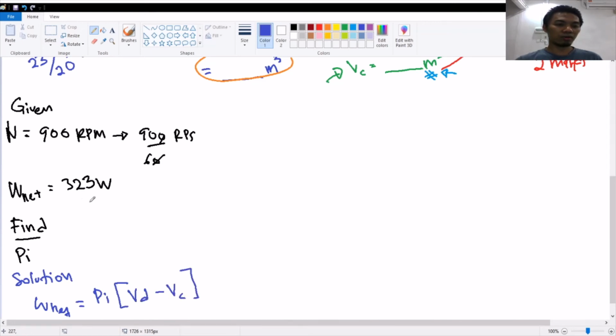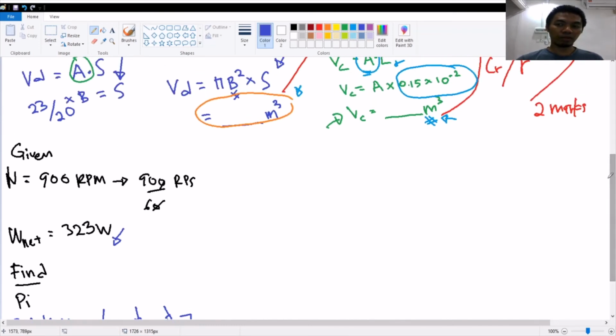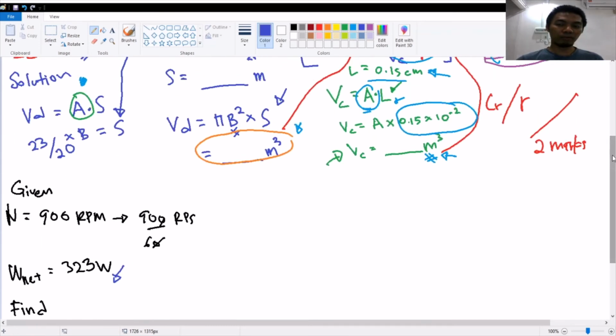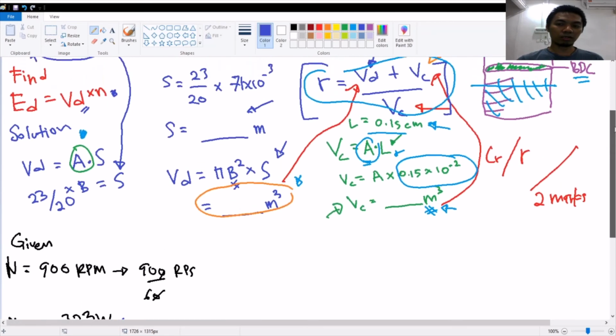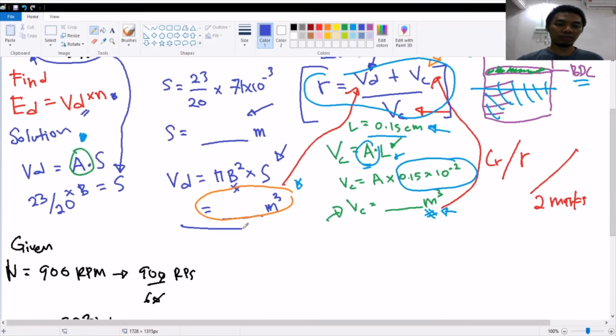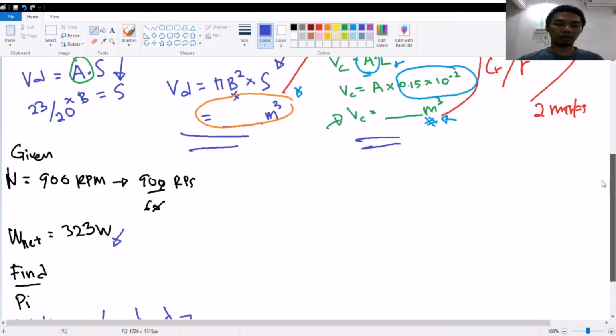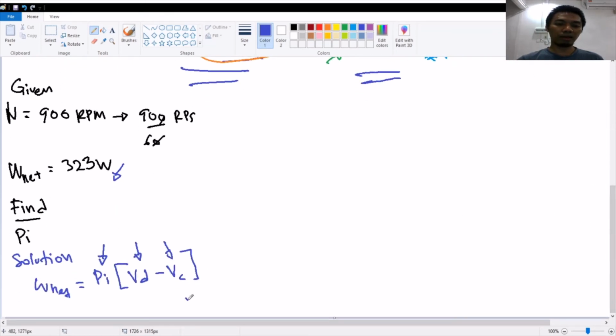So work net is given, PI we want to find, VD and VC are unknown, but actually you already calculated them in question 1 in the previous calculation. Just use them back and put them inside here and here.